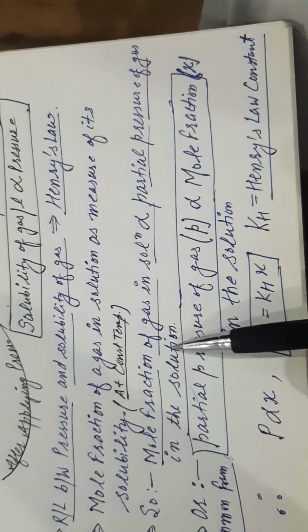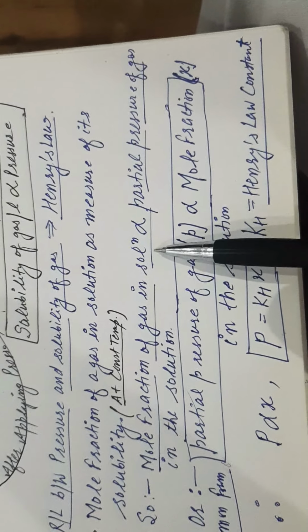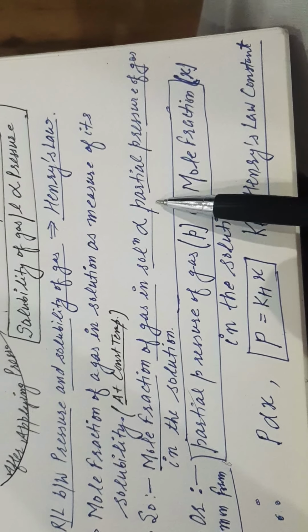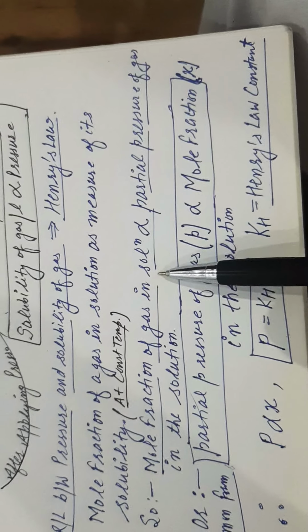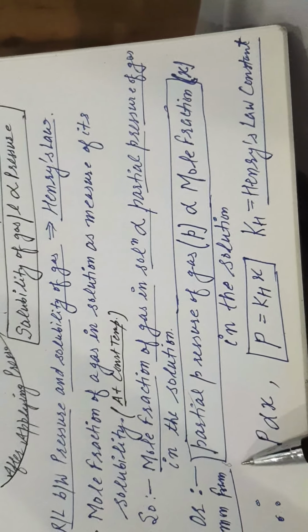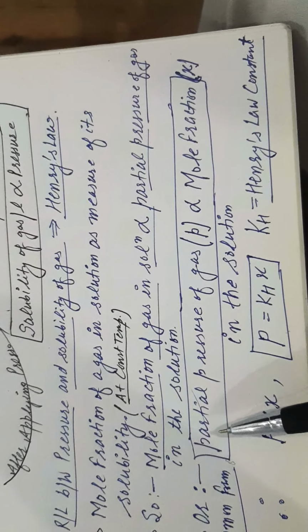So mole fraction of a gas in a solution is directly proportional to the partial pressure of the gas in a solution, or in simple form, that is Henry's law denoted as follows.